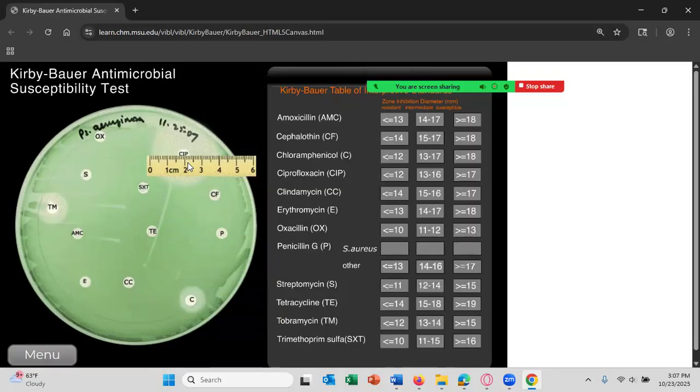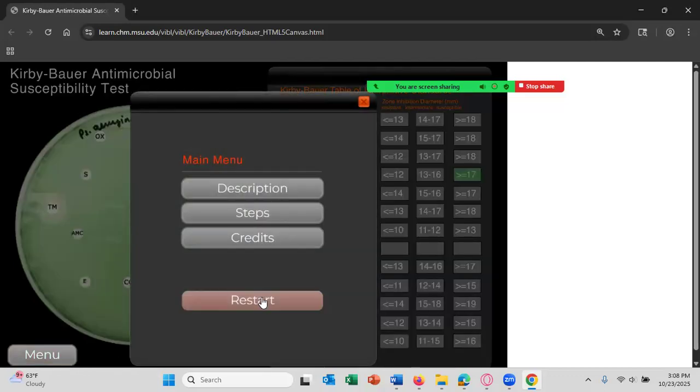That looks like it's 40. It might be 41 or 42. Let's go with 41 for CP, ciprofloxacin. There we go. And then do it again. So you need to do it 3 times or restart 2 times after you start it.